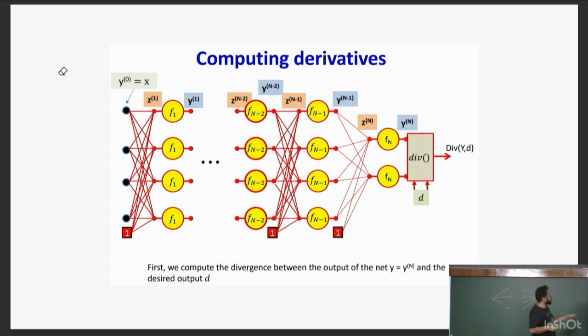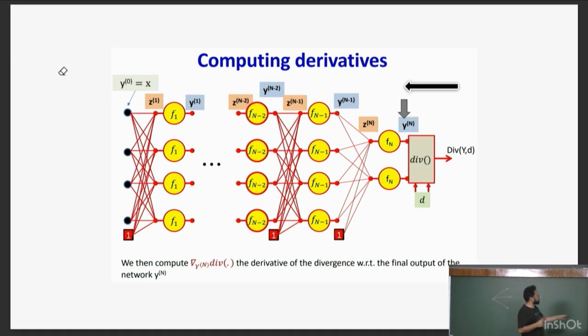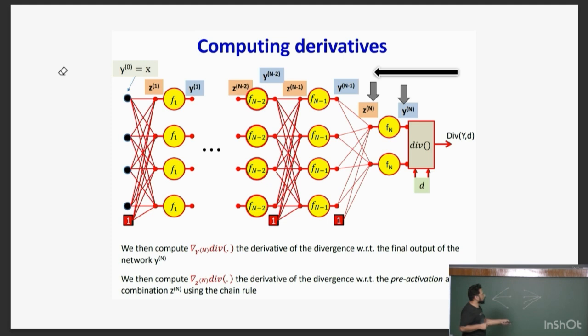Then the dependency of zn is on yn minus 1, so you compute the derivative of the zn first component, zn second component, with respect to the yn minus 1 first component, yn minus 1 second component, and so on. Then you keep doing this again and again. That's the idea, and that's how we compute the derivative of the loss with respect to yn.